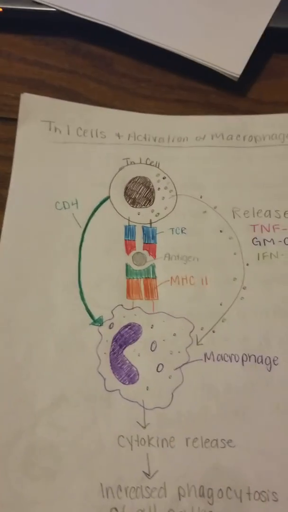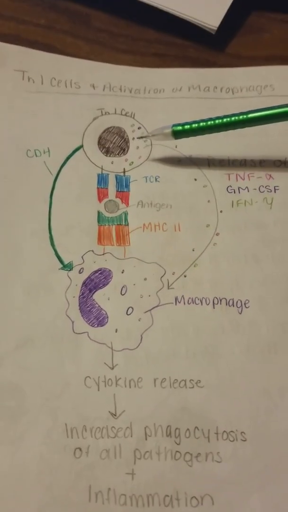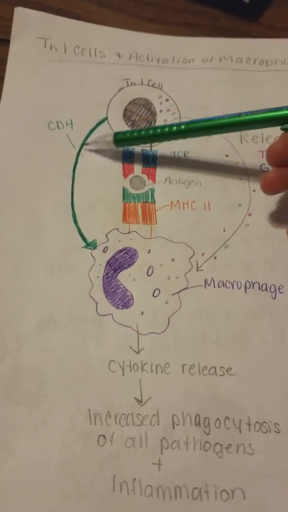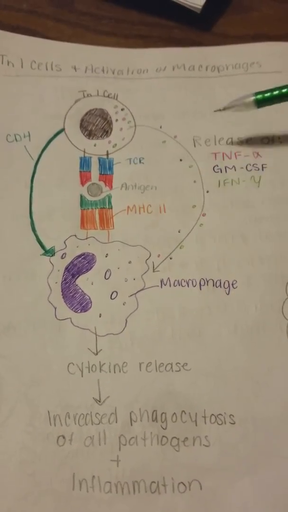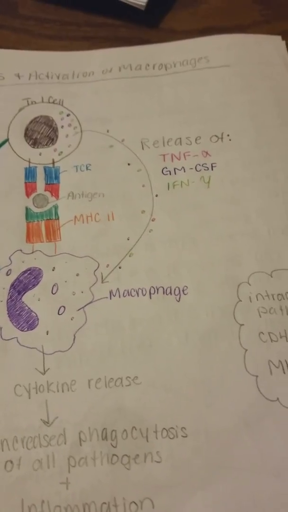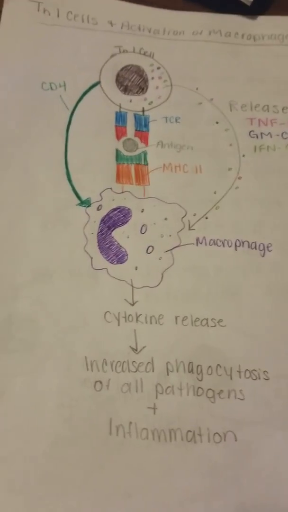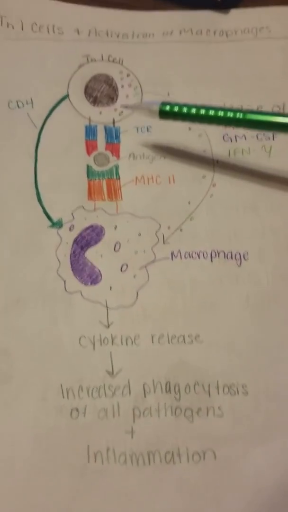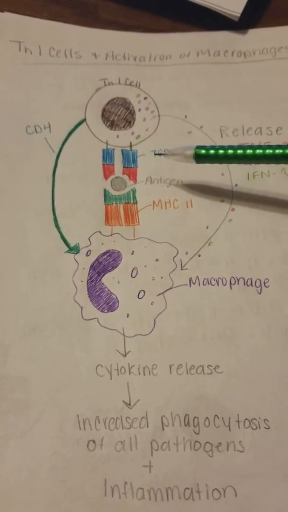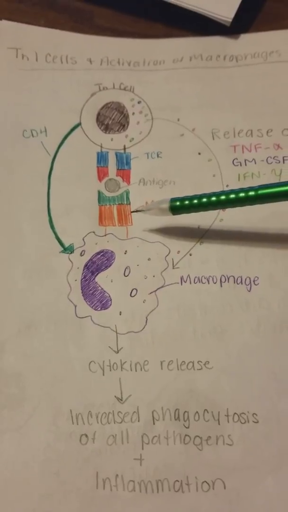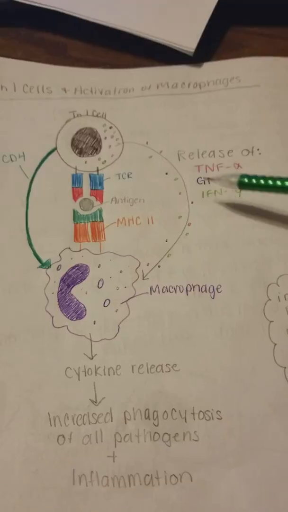This diagram shows how Th1 cells activate macrophages. It's pretty similar to the last one, except here is a CD4 receptor, and it uses MHC2 proteins. There's also more cytokines involved, and of course it's a macrophage. The Th1 cell binds to the macrophage that's presented by MHC2 proteins, and once they come in contact, it releases its granules.